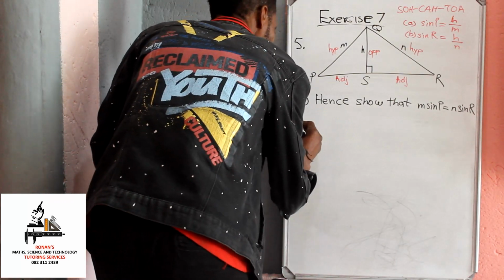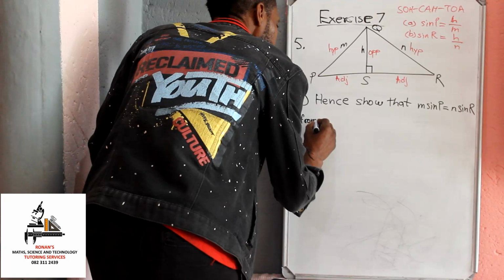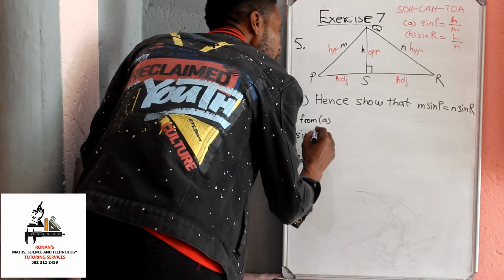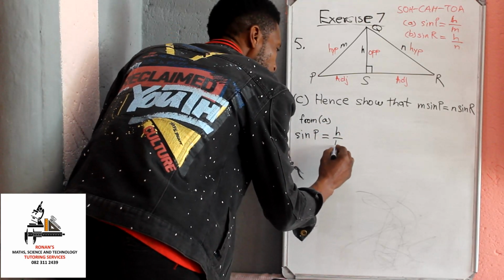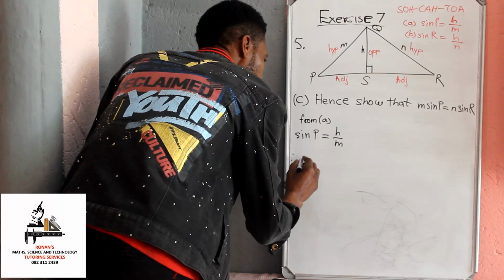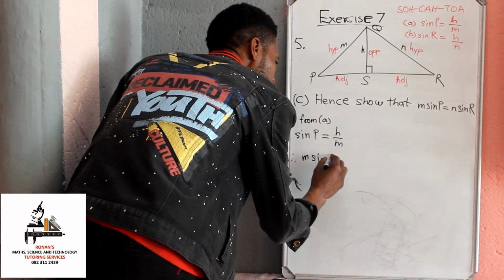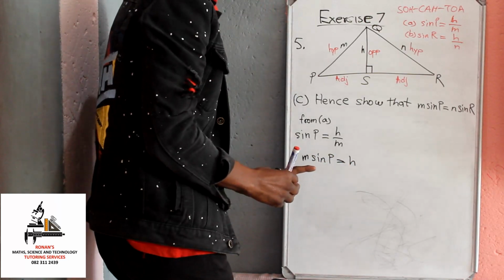Now if we say from A, sin P equals H over M, therefore M sin P is equal to H. You see that?